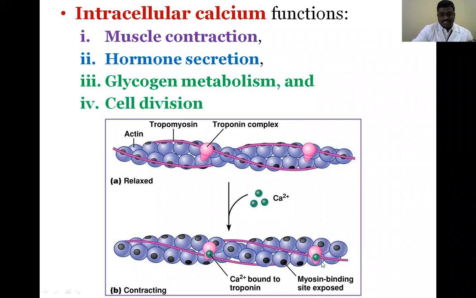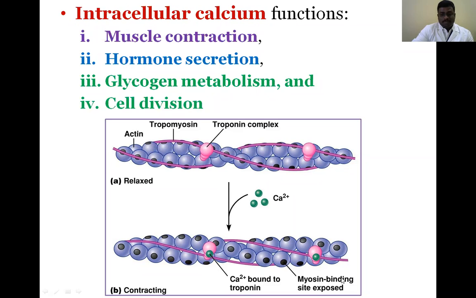Then the myosin binding sites are exposed in the contracting stage. In the relaxed stage, the actin contains myosin binding sites, but these sites are occupied by the tropomyosin. So when contraction is wanted, calcium immediately binds to the troponin.